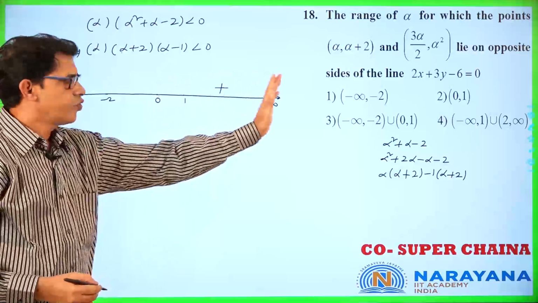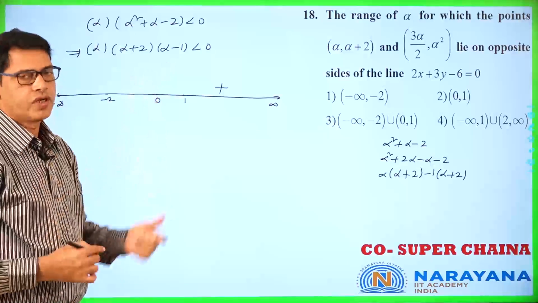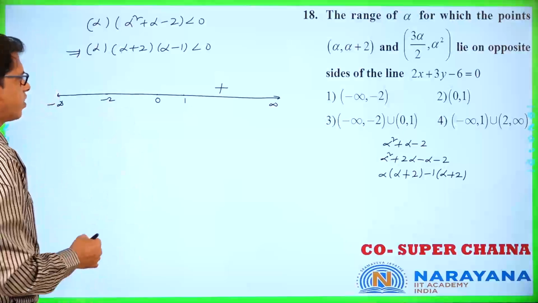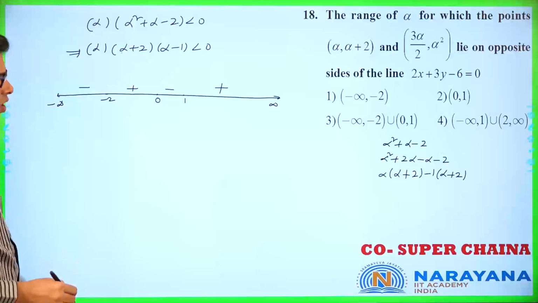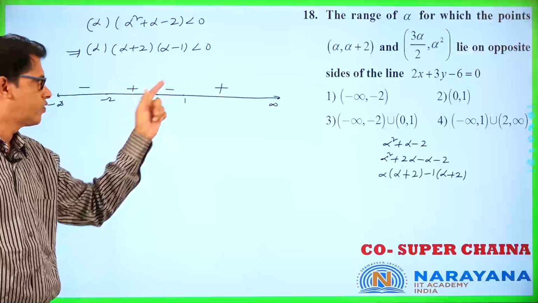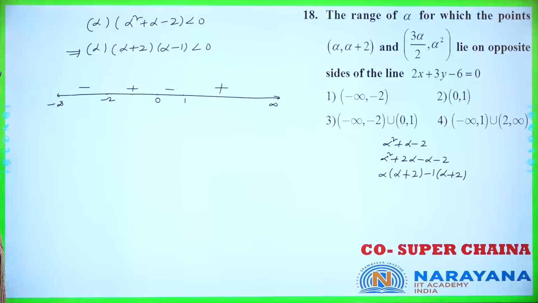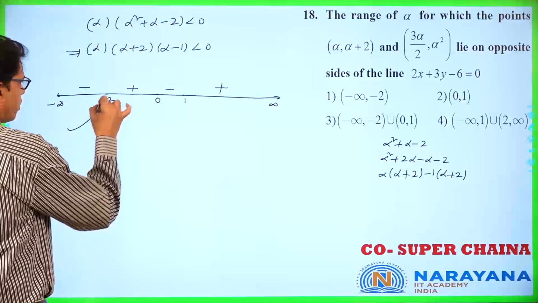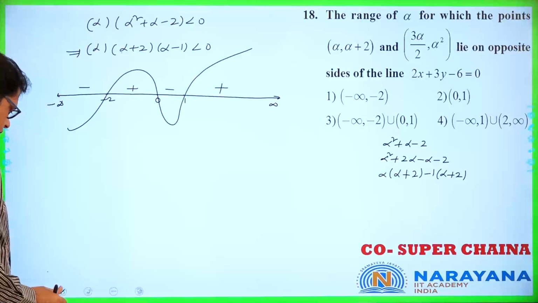In this interval any value makes the expression positive. For the next ones you need not verify; directly take the opposite symbol: plus, then minus, then plus, then minus. Always first identify the sign of the last interval, then keep on changing to the opposite, because the roots are repeated only once. Now the curve will be like this: minus means it goes down, then up, down, up. This is the minus symbol.